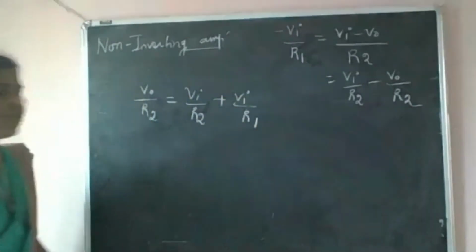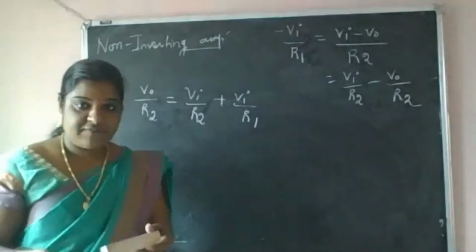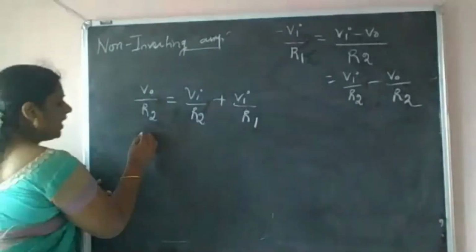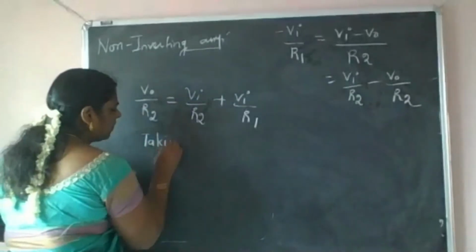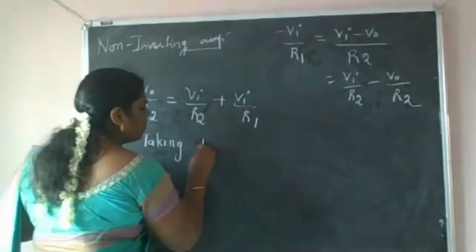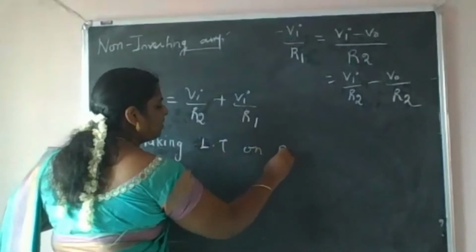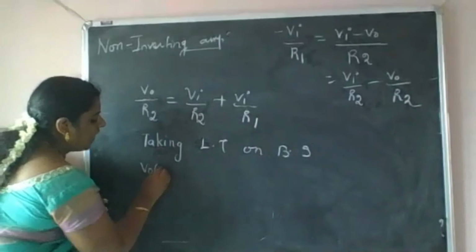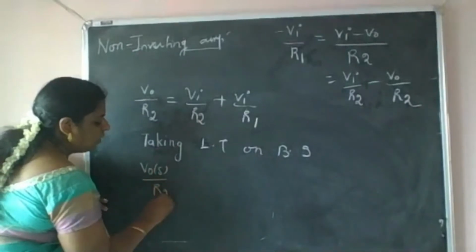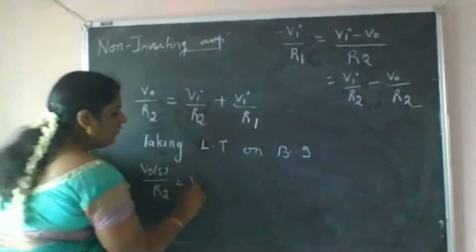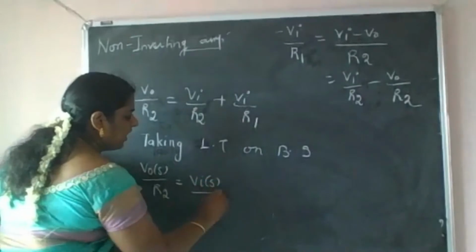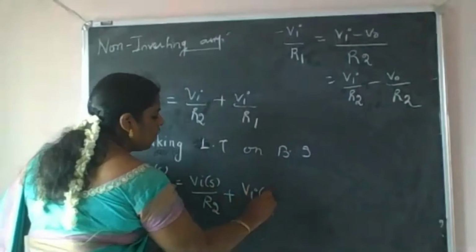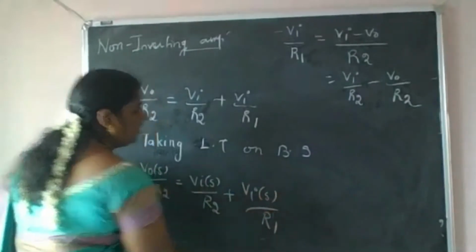Now to find the transfer function, we have to take the Laplace transform on both sides. We will get V naught of S divided by R2 is equal to Vi of S divided by R2 plus Vi of S divided by R1.